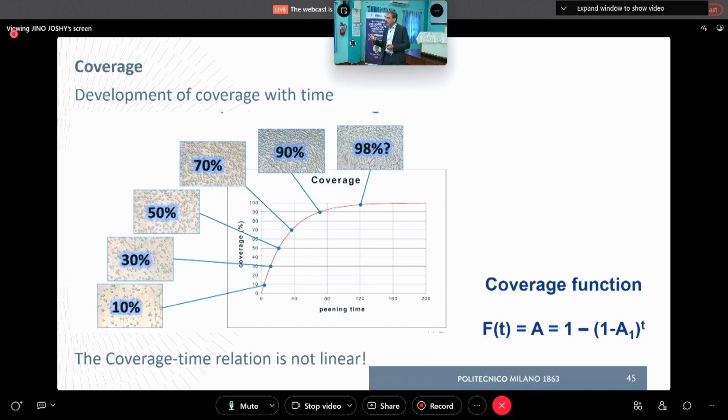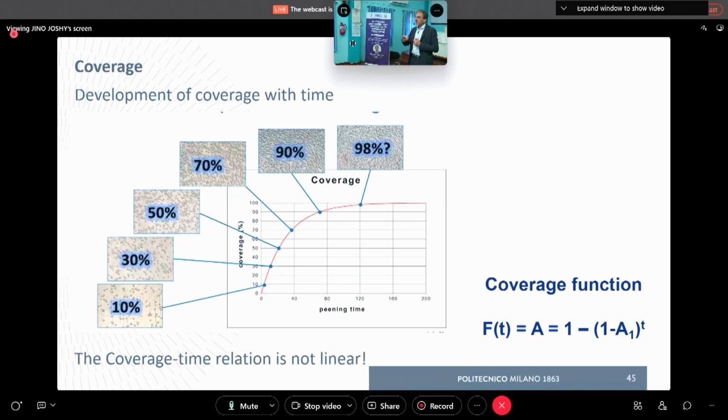Between a peening that is covering 10% of the surface, 30%, and so on, till 98, let's say 100% of the surface. That is the last point. Okay? And indeed, first of all, the relation between the time we need for coverage and the coverage itself, the area that is affected by the shot peening indentation, is not linear.